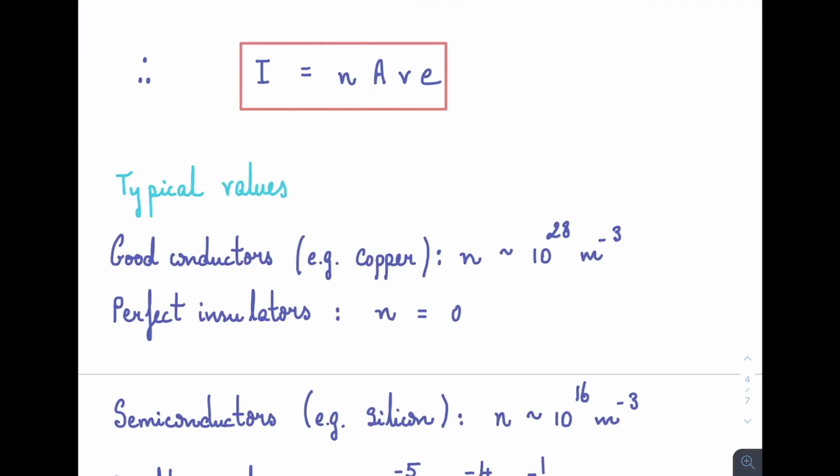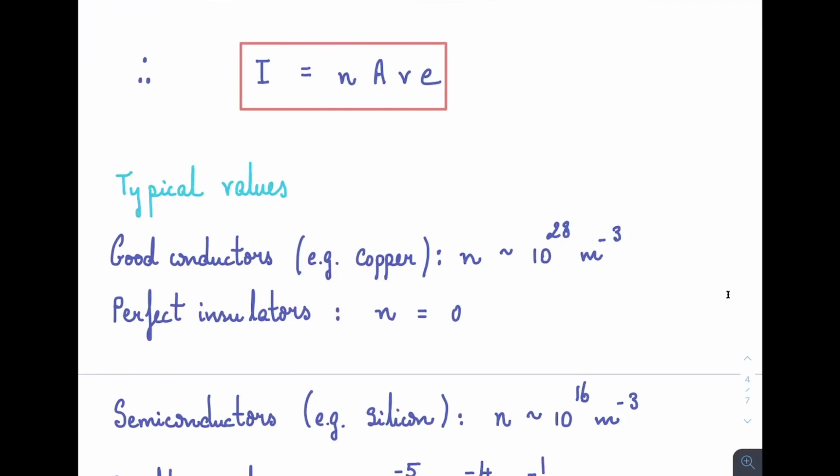Obviously, perfect insulators have no free electrons, such that small n ideally is equal to 0. In insulators, no electrons are free to move unless under extreme conditions such as very high temperatures or very high PDs that may break down molecular bonds. A typical example of this is when lightning strikes, even though air is an insulator. But those, as we said, are extreme conditions.